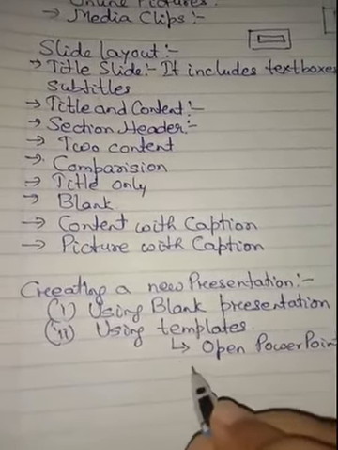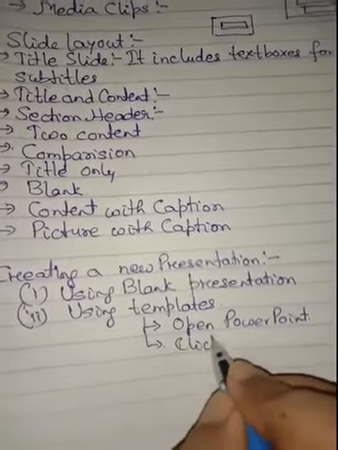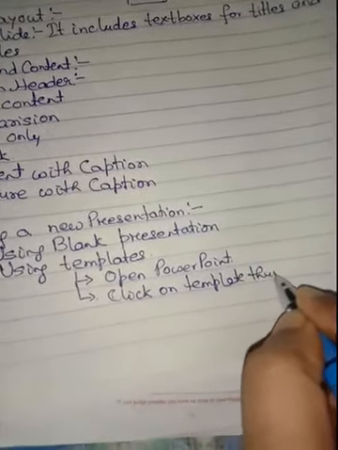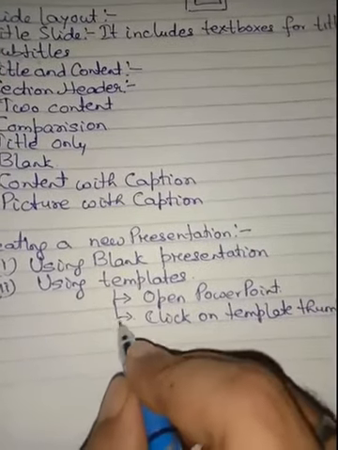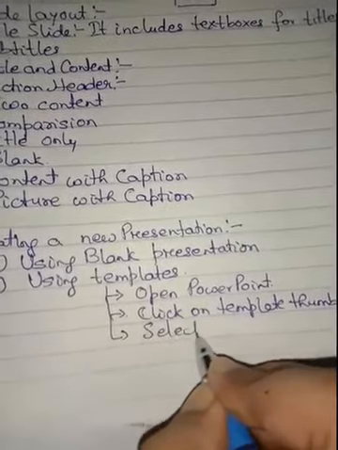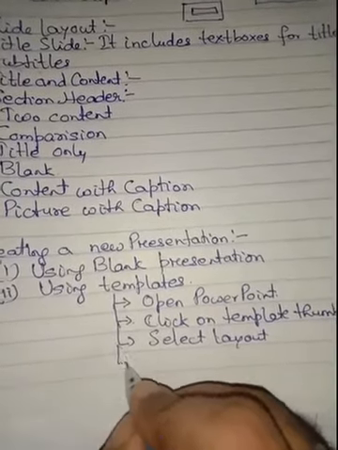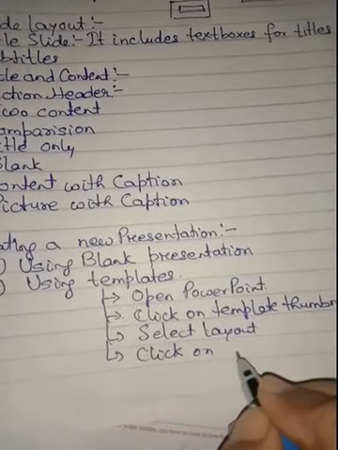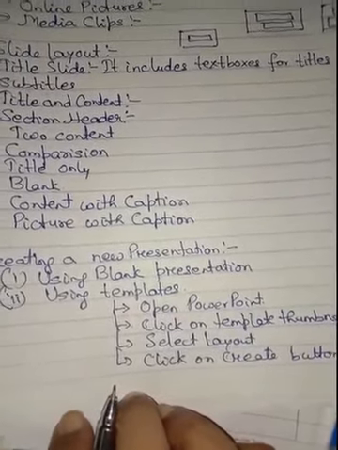And then we have to click on template thumbnail to be used, then select the layout, and then click on the create button, and the selected template will be applied to all the presentation.